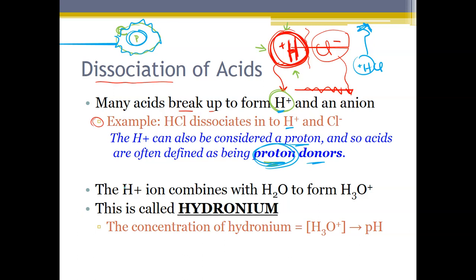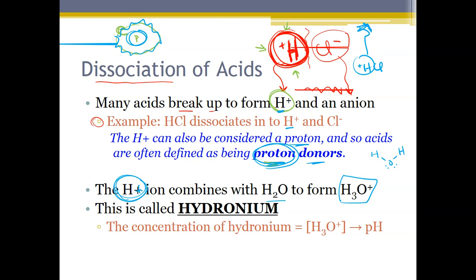What's kind of cool, in water, that H plus, that proton sticks to a water molecule, and we form this thing called H3O plus or hydronium. So you can imagine that I have a water molecule here. We know that the oxygen side of water has two non-bonding pairs of electrons.